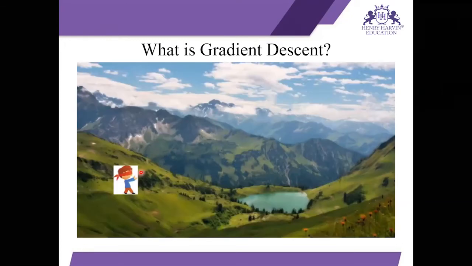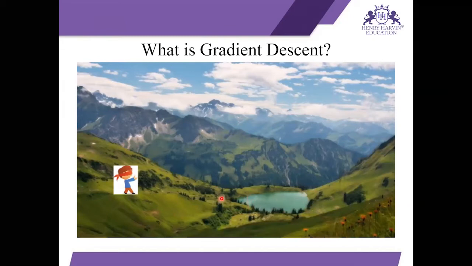So ultimately, what are we doing with this gradient descent? Just imagine, like I was showing you a curve, right? So now just imagine that this boy is blindfolded and his aim is to reach this position. Now just imagine that if he keeps a larger step, there is a high possibility that he may fall.